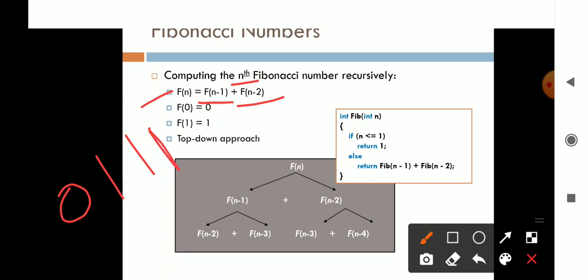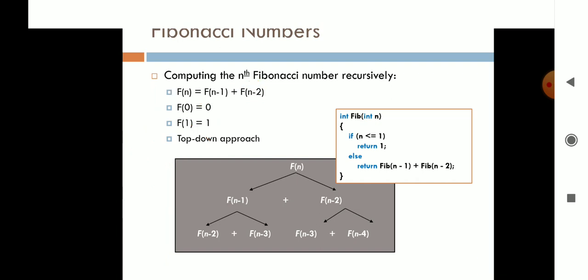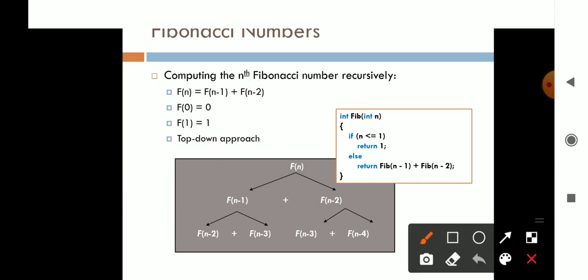If we want to find out the next number, we have to move for the n minus 1 and the n minus 2 here. F is for Fibonacci. So if we want to find out the next number, we have to know f of n minus 1 and f of n minus 2.